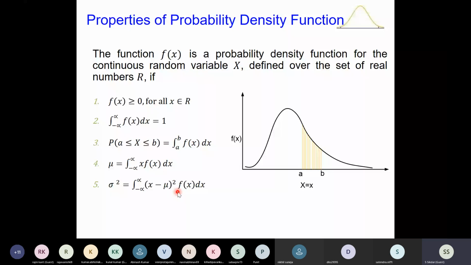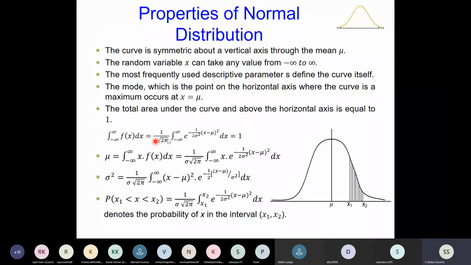Just remember that the curve is symmetrical about the vertical axis through the mean mu, and it can take any value, although it looks as if it has met the axis here, but it is not like that.